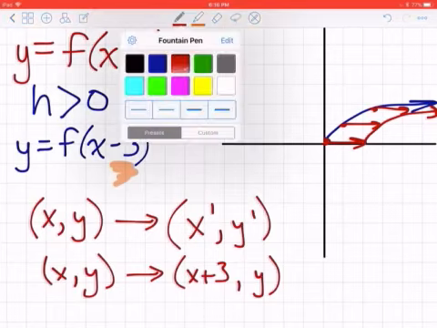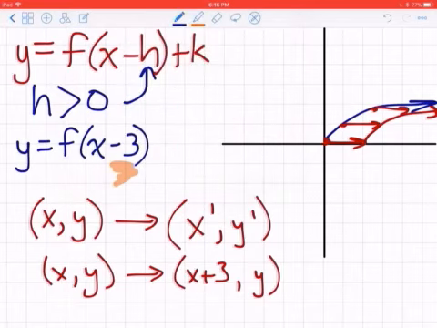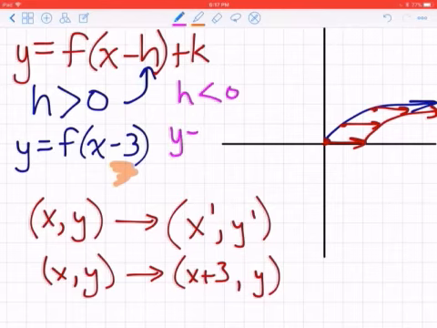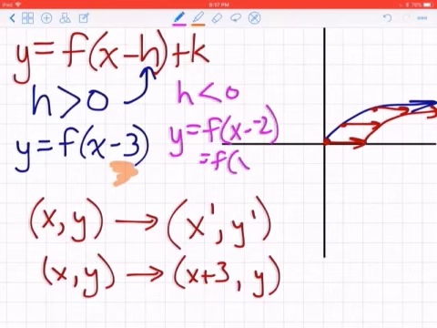Okay, so hopefully that makes a little bit of sense. Now, if we have the same type of example, except h is less than 0, so for example, let's say h is negative 2. Then we would end up getting the equation y equals f at x minus negative 2, which would really show up as f at x plus 2, right?